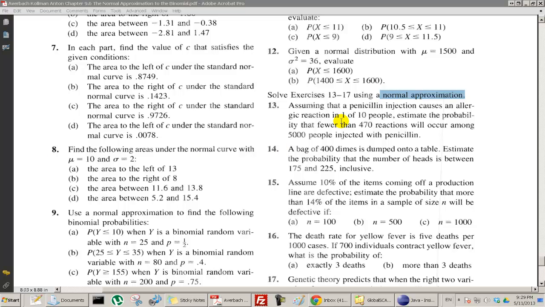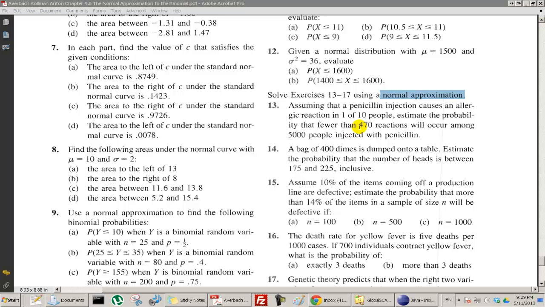Now you have to make sure that we want to do 470 plus a half. And then you take that 470 plus a half and you convert it to a z variable, to a standard normal variable. And the way you convert it is you do what we've done many times.